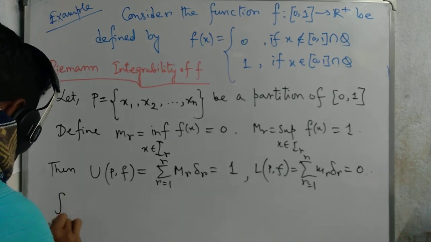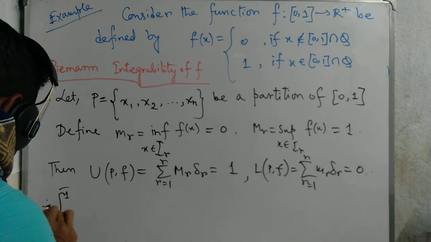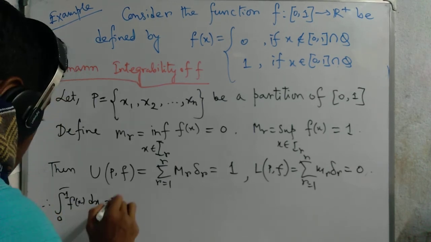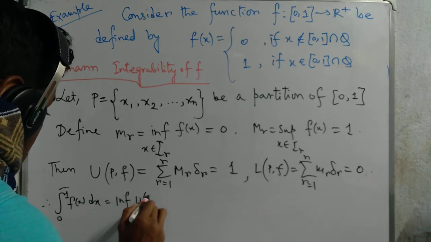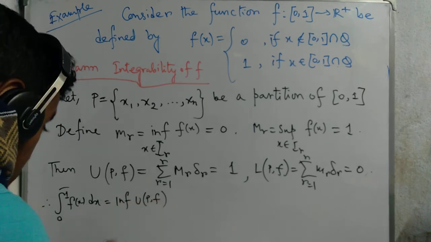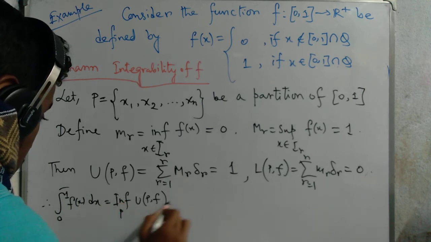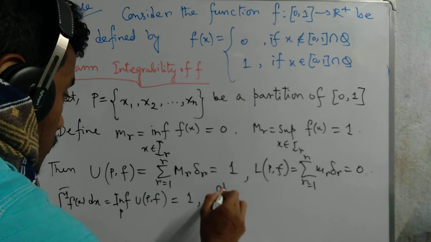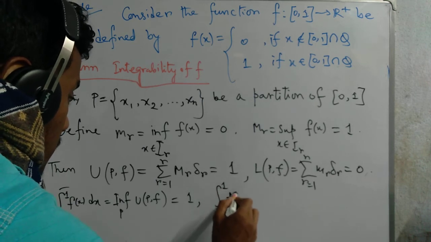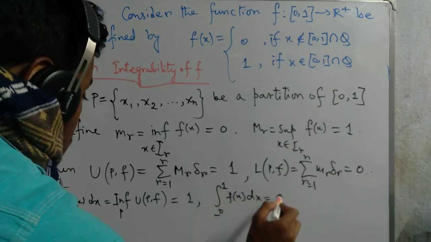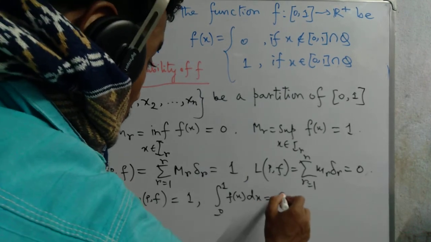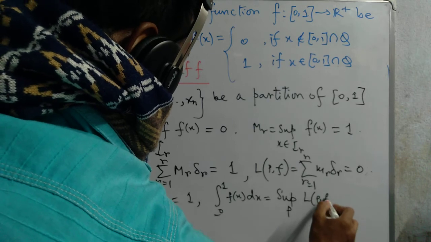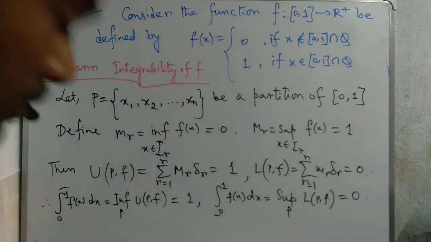Then the upper integral of f(x) dx from 0 to 1 equals the infimum of U(P,f), which equals 1, and the lower integral of f(x) dx from 0 to 1 equals the supremum of L(P,f), which equals 0.